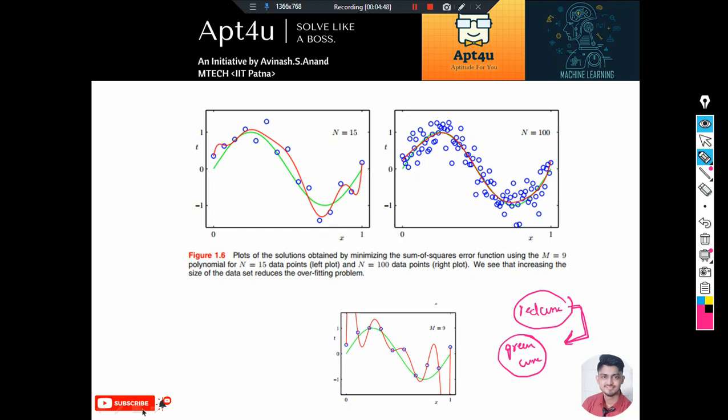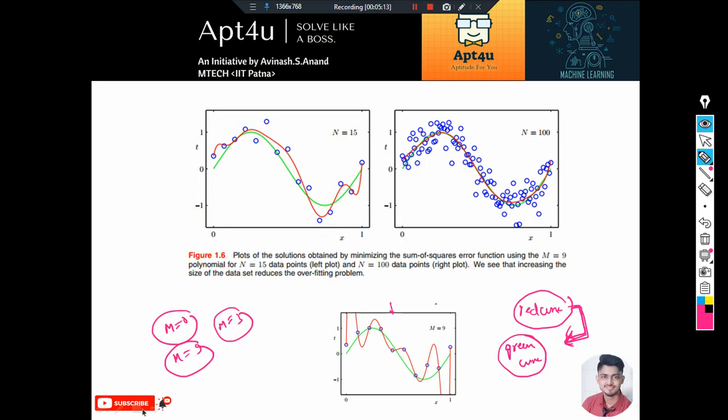We saw that for a lower order polynomial, m equal to 0, the red curve was very dissimilar from the green curve. Even for a higher order polynomial, m equal to 9, the red curve was very different. But for m equal to 3, the red curve looked quite similar to the green curve, which means it is trying to capture the actual pattern in the data.